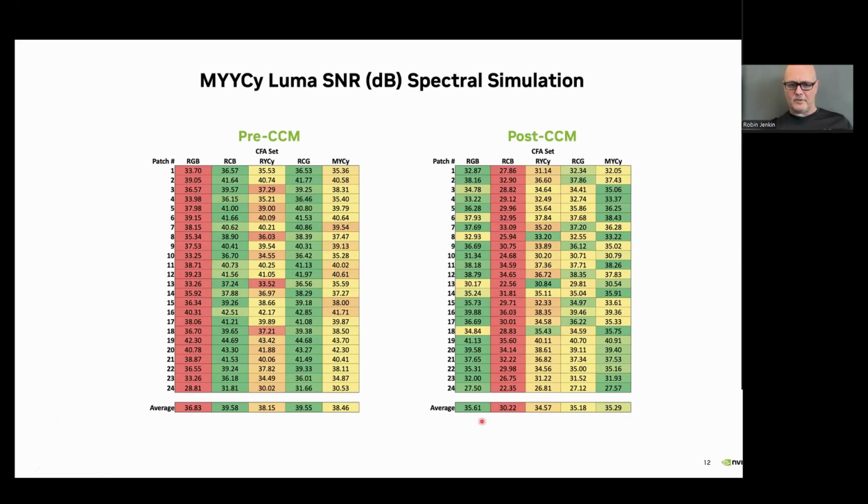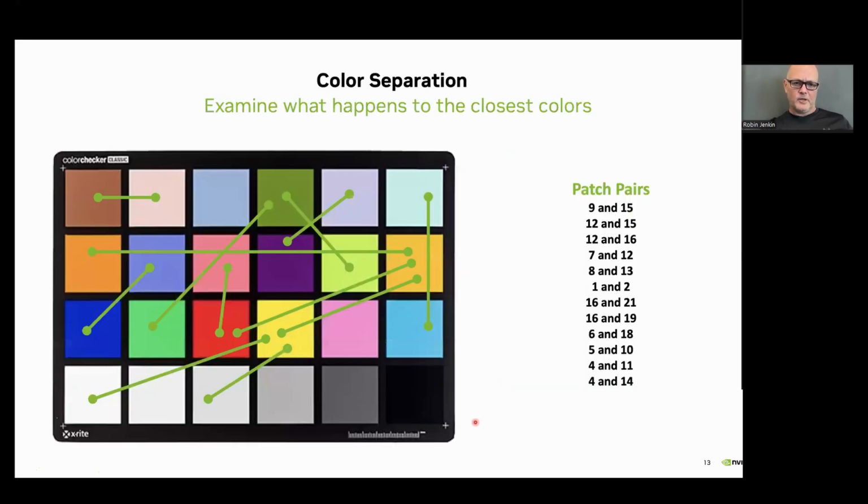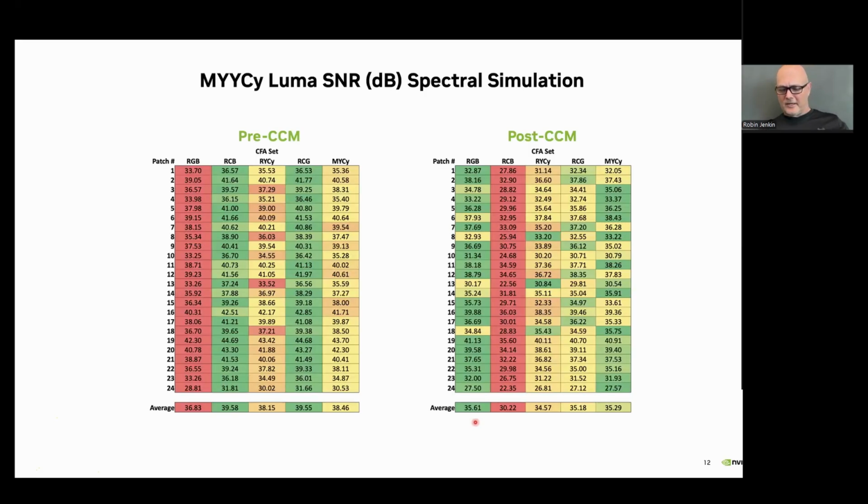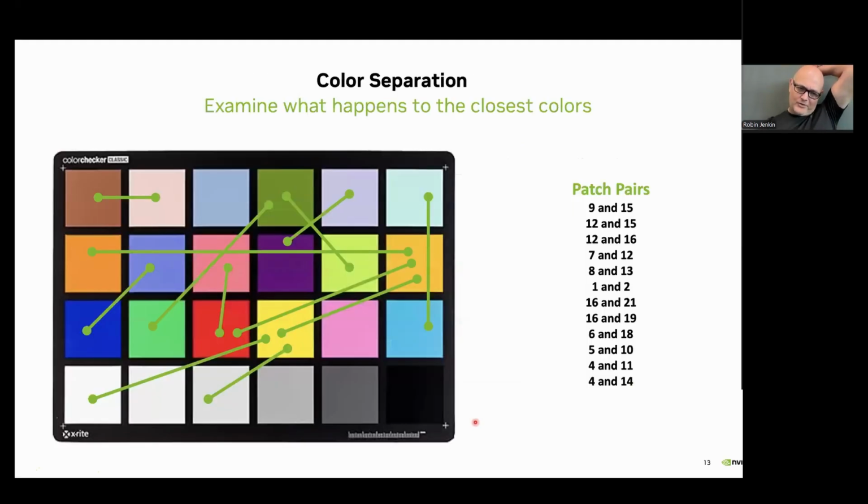It's coming out just behind the RGB. So at this point, we've got a candidate CFA set, and we like it, and we want to start to investigate it, maybe with some sensor manufacturers.